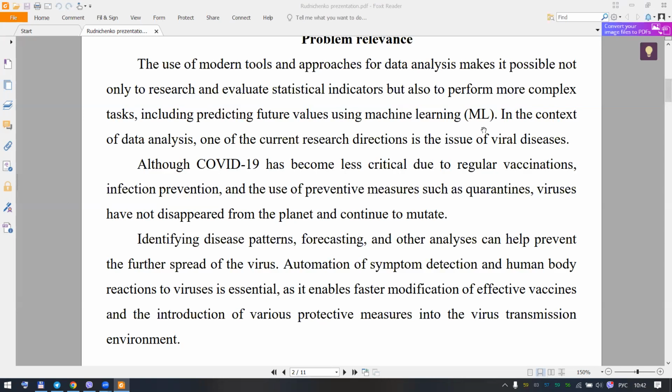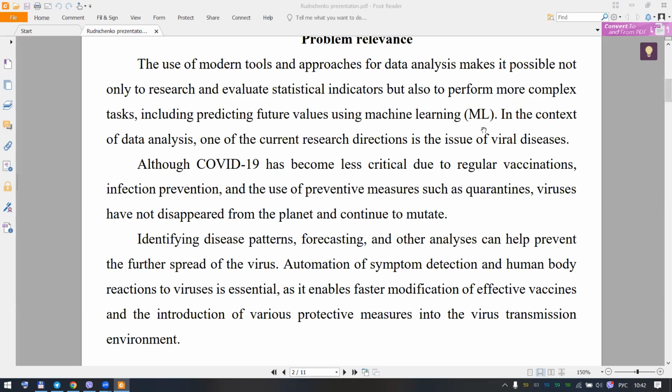In the context of data analysis, one of the current research directions is the issue of viral diseases. Although COVID-19 has become less critical due to regular vaccinations, infection prevention and the use of preventive measures such as quarantines, viruses haven't disappeared from the planet and continue to mutate.